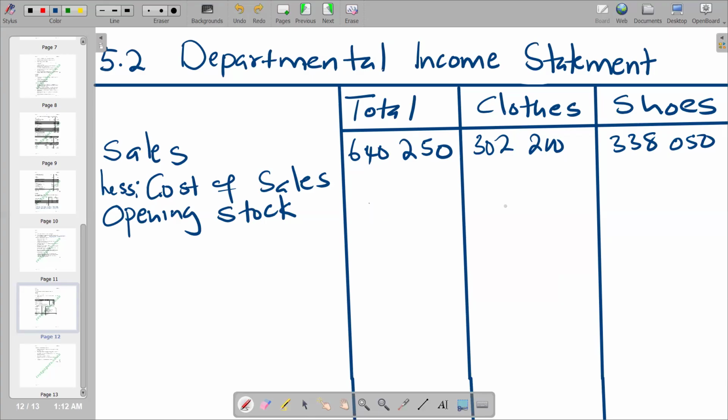And we've got for clothes 46,500, and then for the shoes, we have got 61,500. So we add the two figures, we get our total is 108,000.